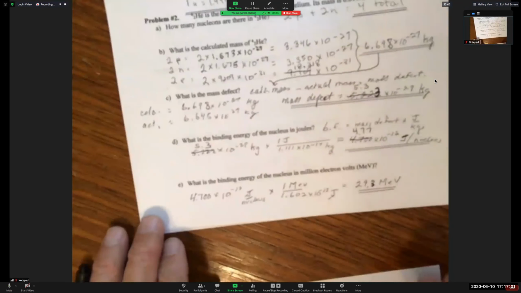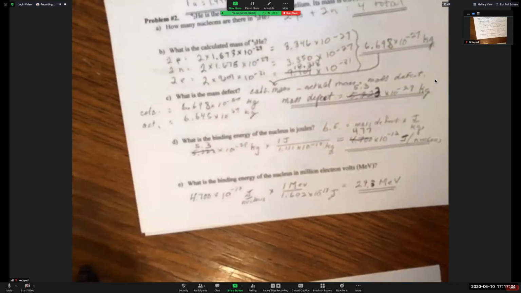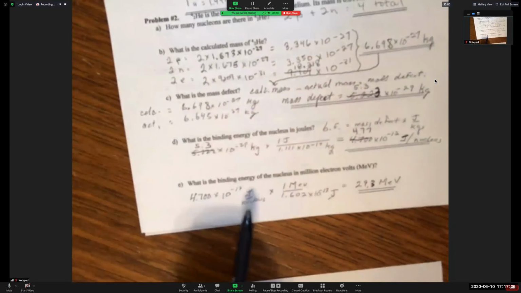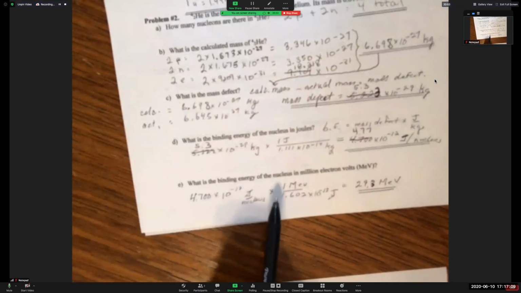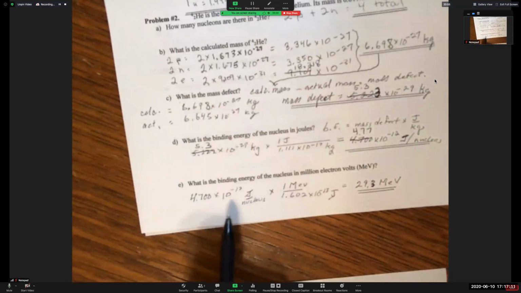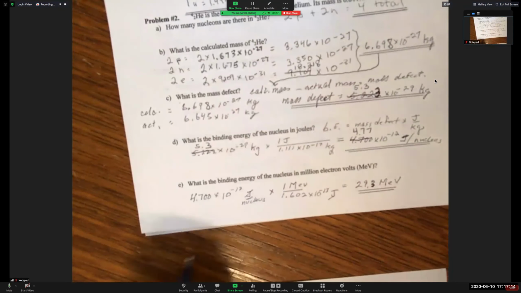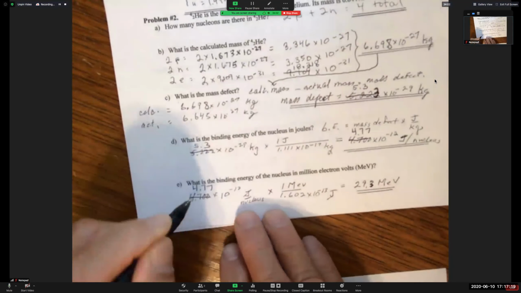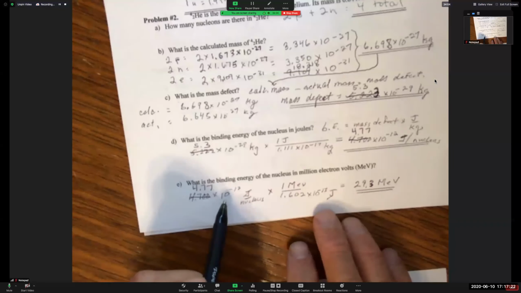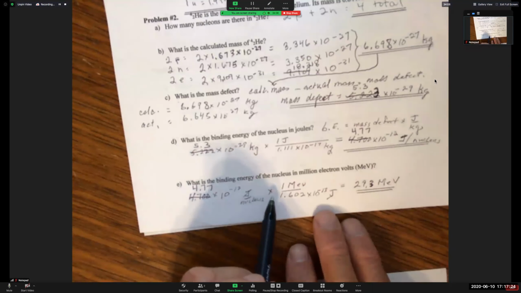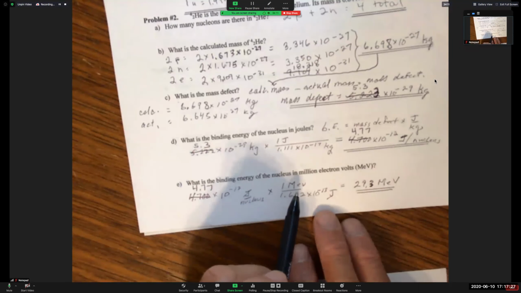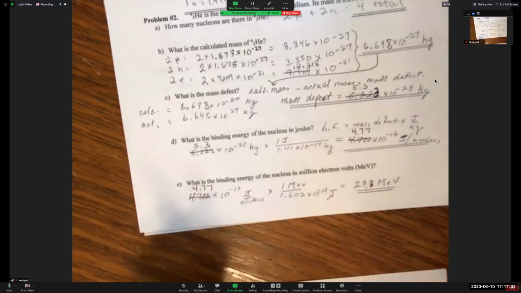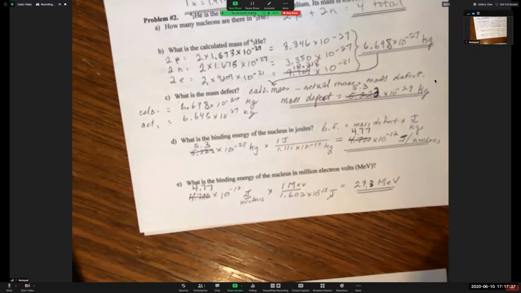The last part of this is what is the binding energy of the nucleus in million electron volts? And so we would take that 4.77 times 10 to the minus 12 joules per nucleus, multiply it times 1 million electron volts over 1.602 times 10 to the minus 13 joules. Again, that's a conversion factor that we find up above in our special table.